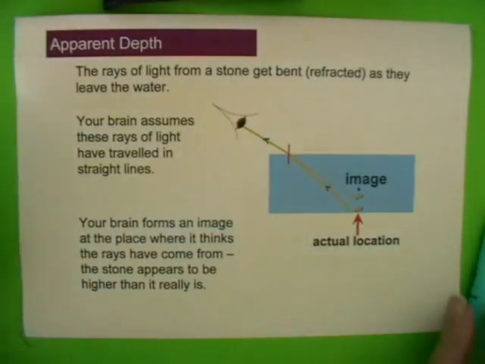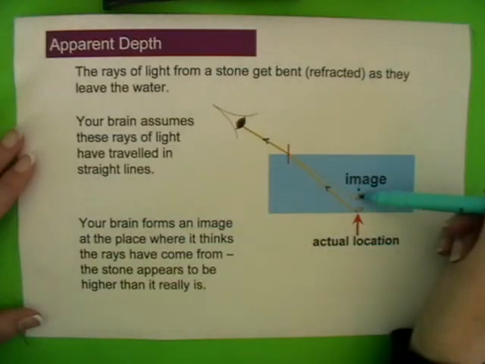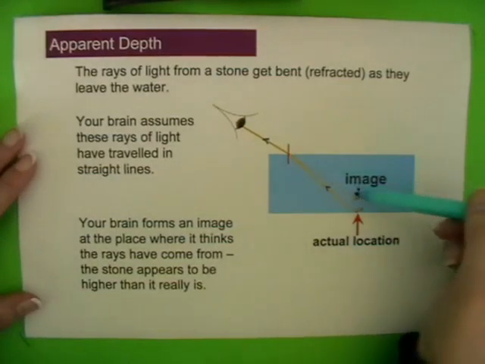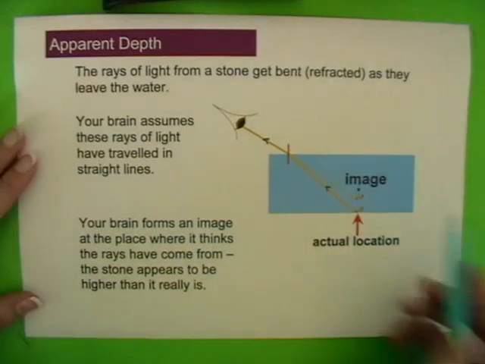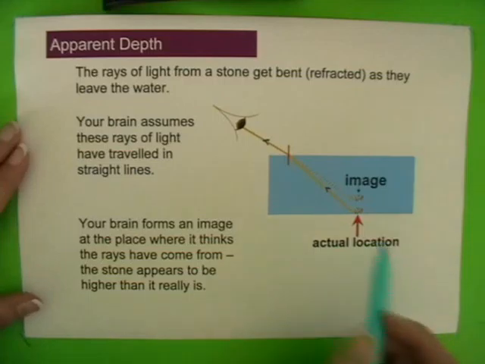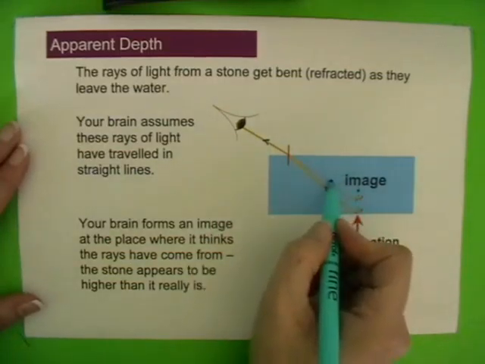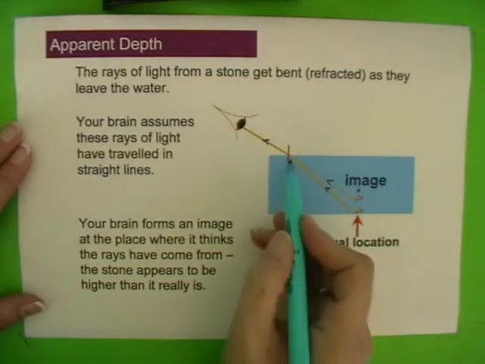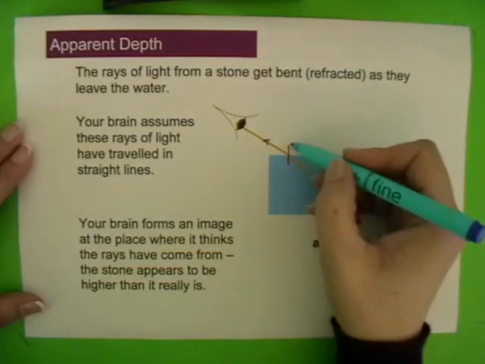So our eye sees the image of the stone higher up, so we think it's not as deep as it actually is. So the stone is actually deeper than our brain assumes it to be, because it assumes the rays of light have come in a straight line, whereas they've actually been refracted at that boundary.